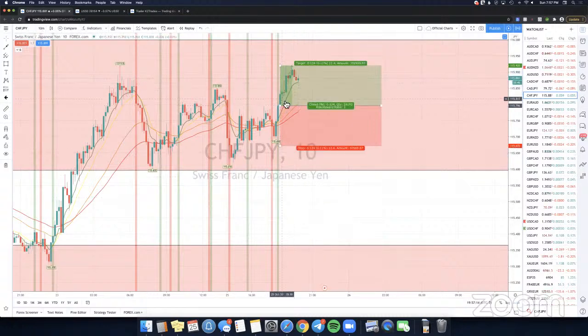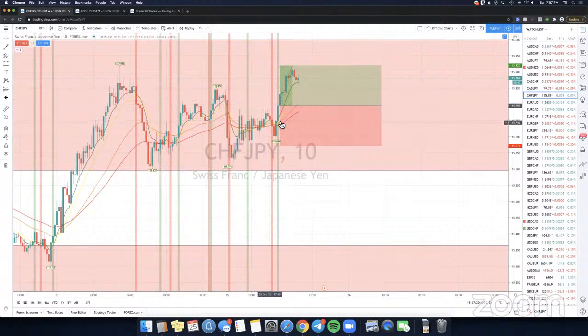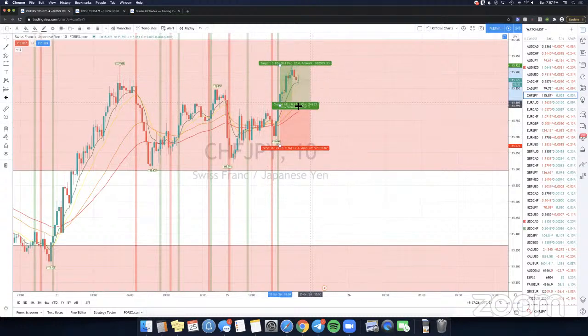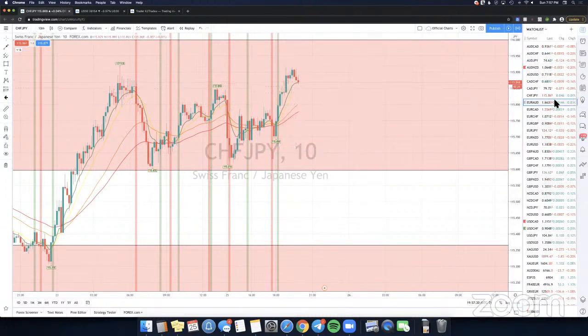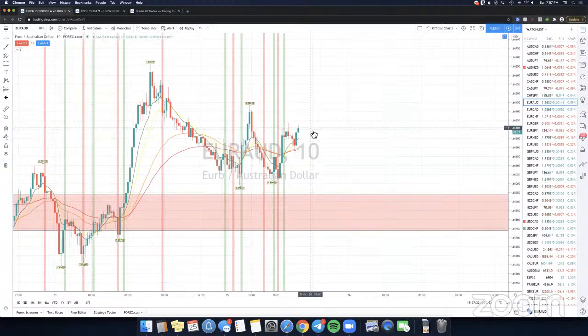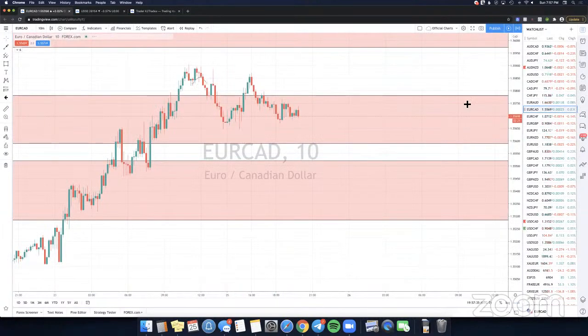But this would have hit full TP right there. So it's a clear entry right there. Price above the pivots, clear uptrend, retracement right here, rejection, buy signal, TP right there. So there goes that entry right there. Euro USD, nothing there.